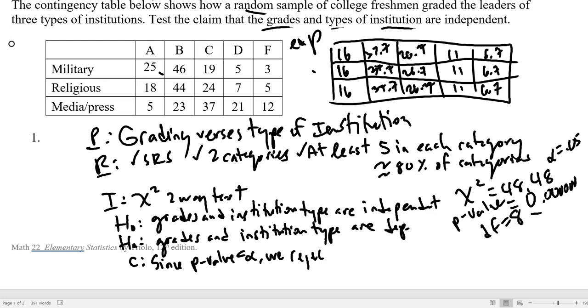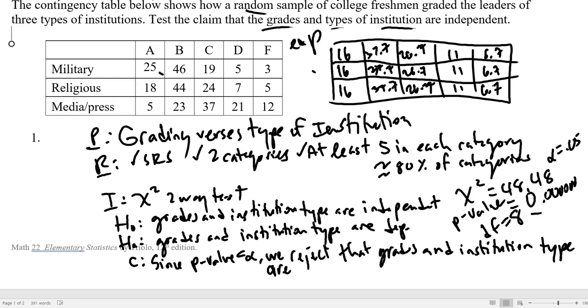We reject that the grades and institution type are independent, because they didn't meet what we expected if they were independent, and conclude they are dependent.